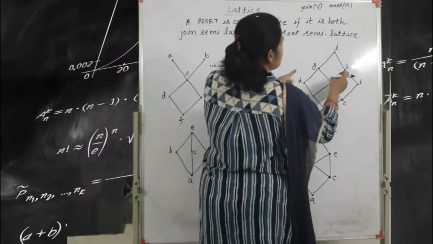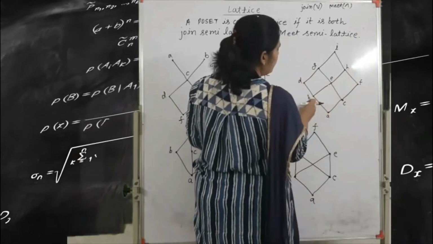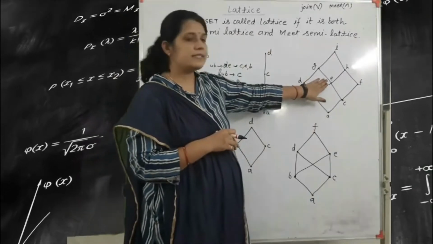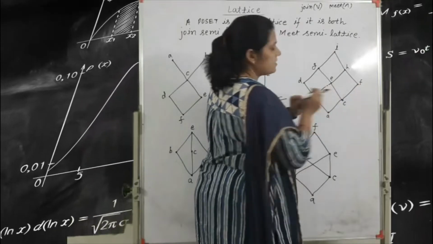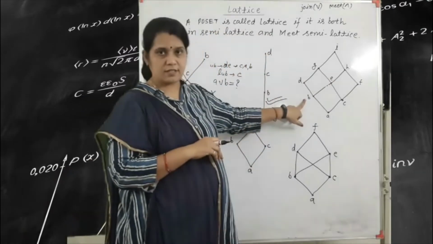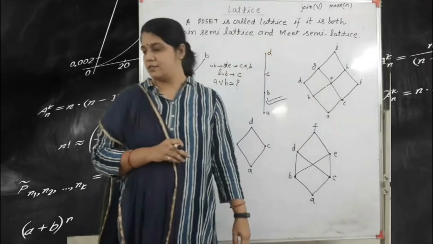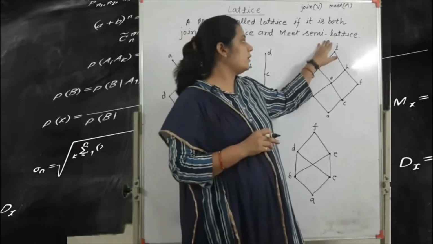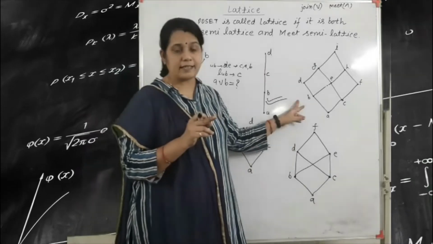So for G and H, the lower bounds are E, B, C and A, but the greatest lower bound is E. For E and F, the lower bound is C. For D and E, the lower bound is B. And for B and C, the lower bound is A. So in this Hasse diagram there is a single top and a single bottom.